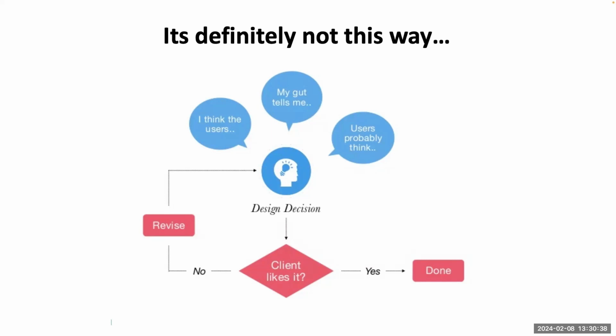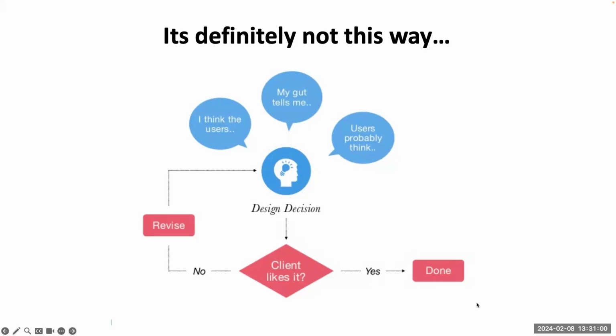So what will happen in this way is, you are going with what you are thinking, you are designing, you are revising what is working and what is not. Your client who has given you the work likes it. And as soon as the person likes it, we think that it is done.